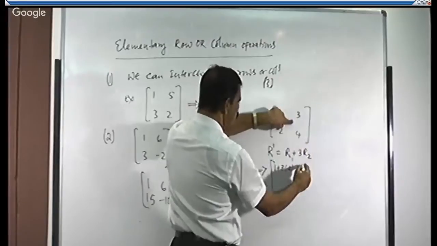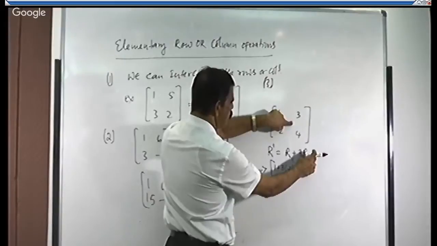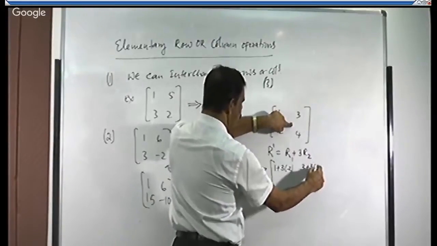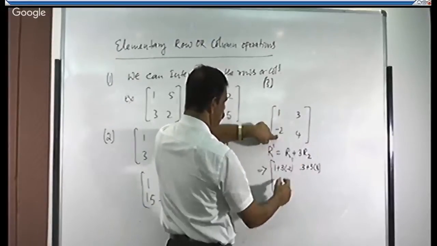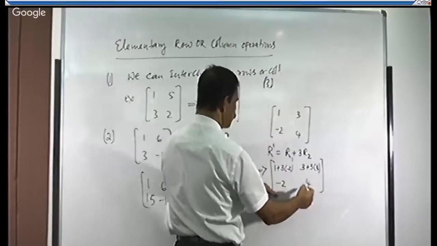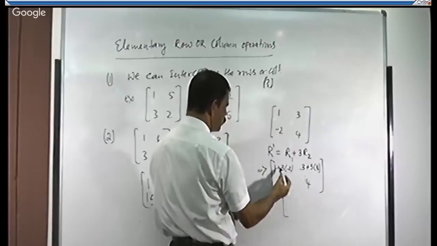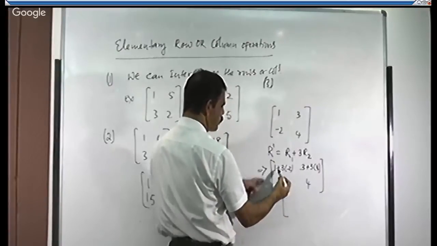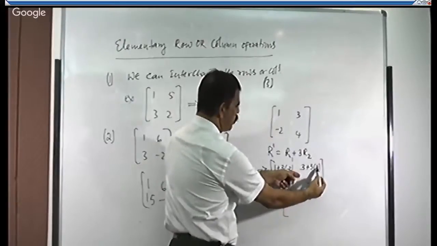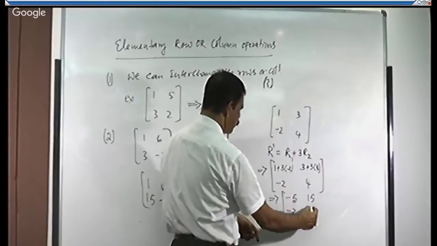The same way, R1 is 3 plus 3 into R2, for this the corresponding element in the other row is 4. I am not changing anything to second row. I can take it as it is. Finally, it will become 1 plus 3 into minus 2, minus 6. 1 minus 6 is minus 5. 4 into 3, 12. 12 plus 3, it is 15. Minus 2, 4.